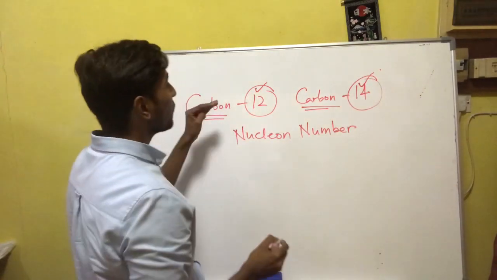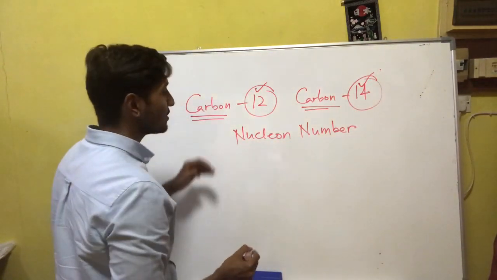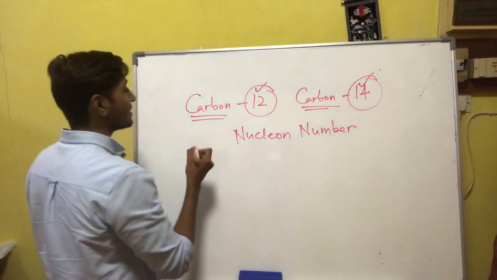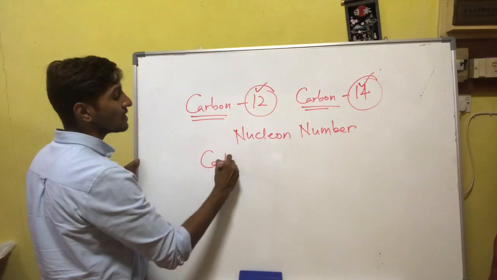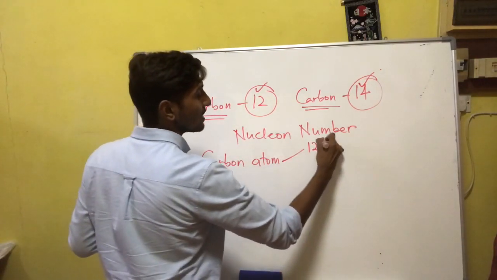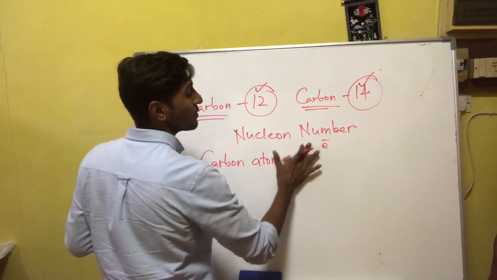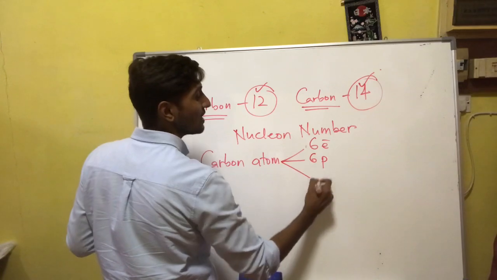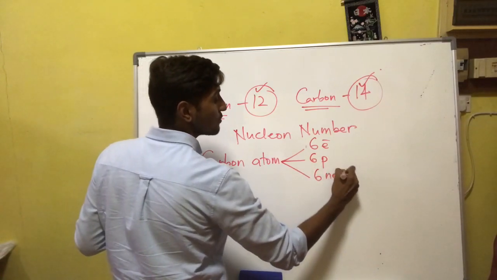Okay, so when we write, we need to know how many protons they have. So as a normal carbon atom, we have 6 electrons, 6 protons, and 6 neutrons.